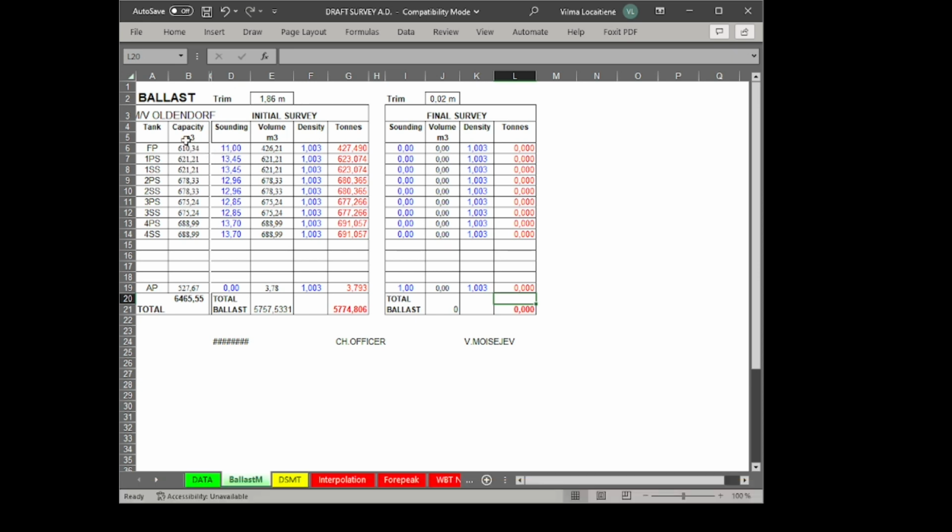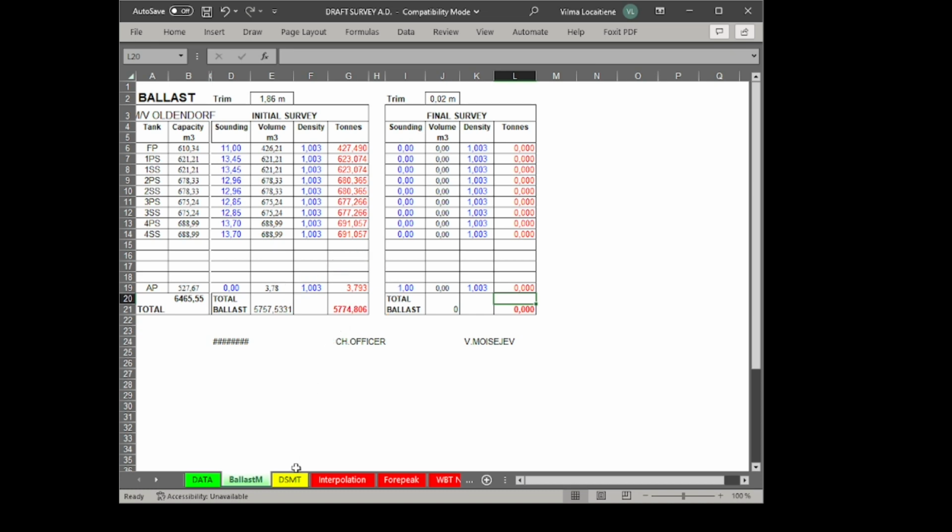There is the maximum capacity of each tank, there are the real soundings found, and there are itemized exact quantities in each tank, and there is total ballast, and there you can see it was found that there are 5,757.53 tons of water ballast, considering the salinity. The red color is this exact figure.